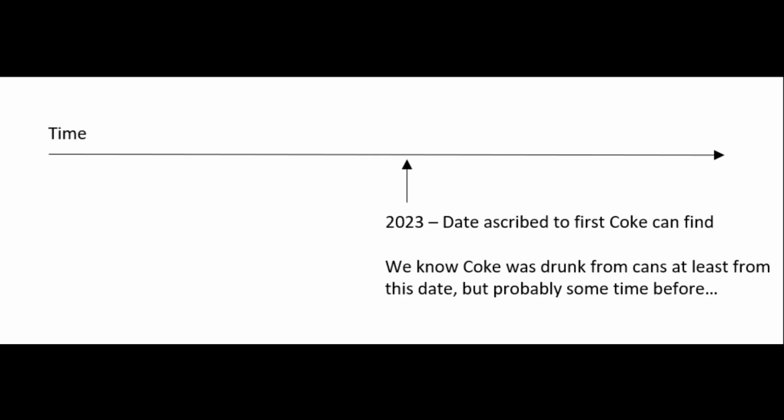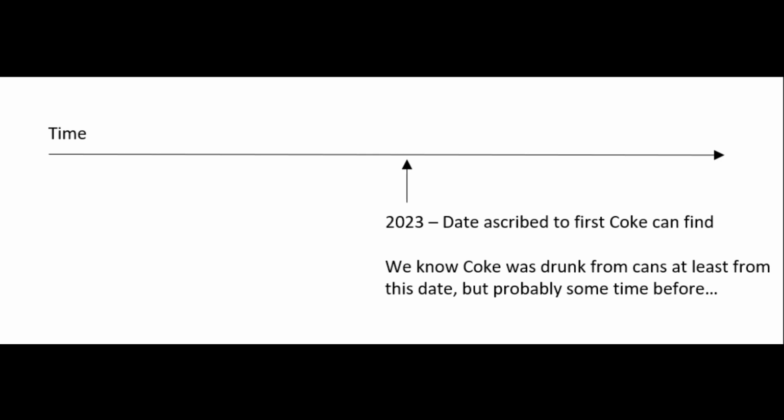Let's just say it's an old Coke can, and it is the only Coke can that has survived. From its archaeological context, perhaps denoted by a convenient coin nearby, the find can be dated to 2023. In this case, all the available evidence would indicate that maybe the first time that Coke was sold in cans was in 2023.